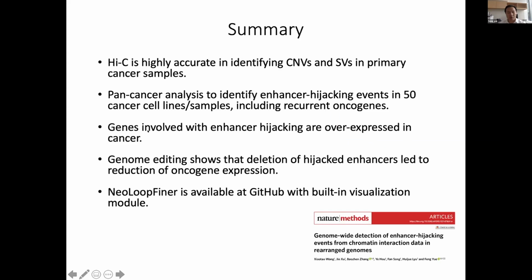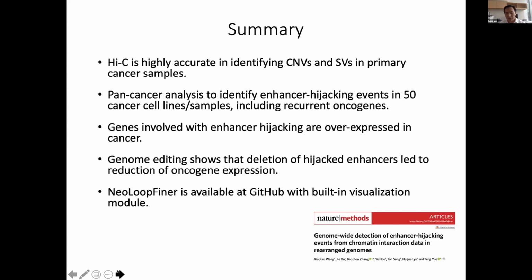We also showed that genes involved in enhancer hijacking were generally overexpressed. Then we performed a series of CRISPR deletions, and we show that deletion of the TAD boundaries or direct deletion of the hijacked enhancers can lead to a reduction of oncogene expression. Finally, this work was published, I think, last month or so in Nature Methods, and we released our code, which is freely available to researchers. You are more than welcome to talk with us if you have any questions.